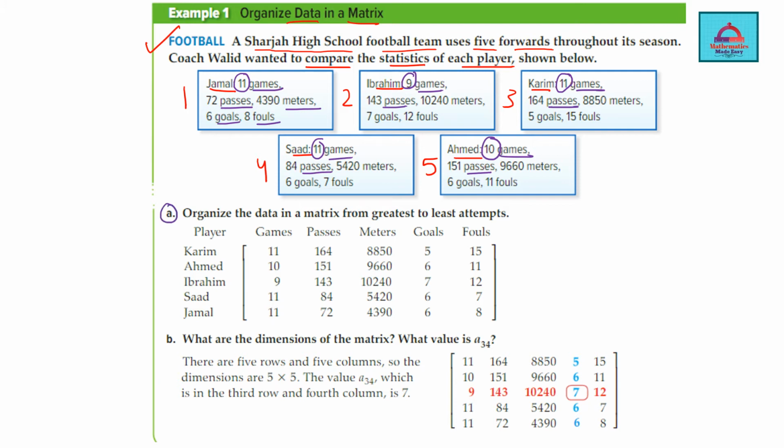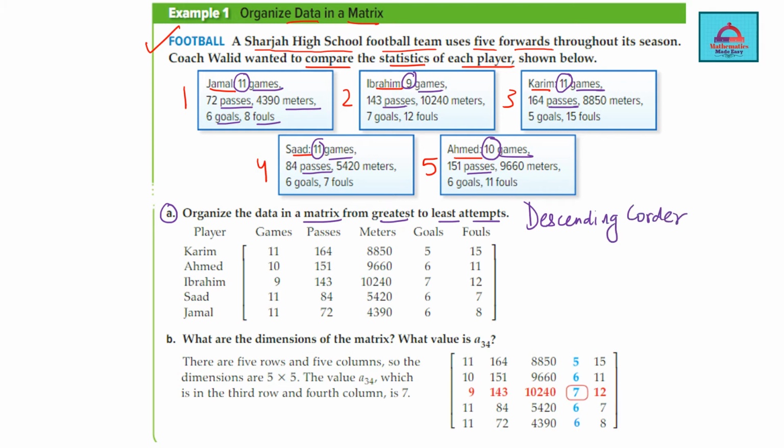So when we organize the data in the matrix, a condition is given. What is the condition? You have to organize the matrix from the greatest to the least attempts. So let's see what is the greatest attempt and then we'll come to what is the least attempt. From greatest to least means descending order.